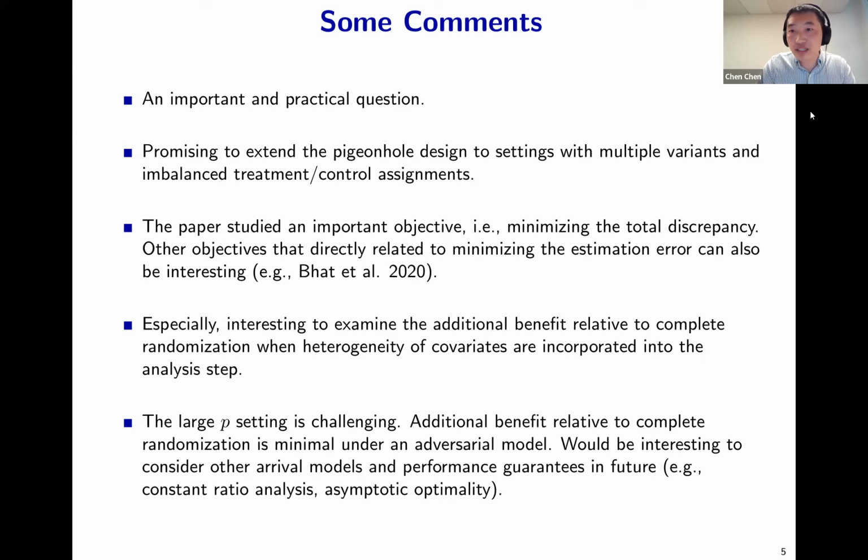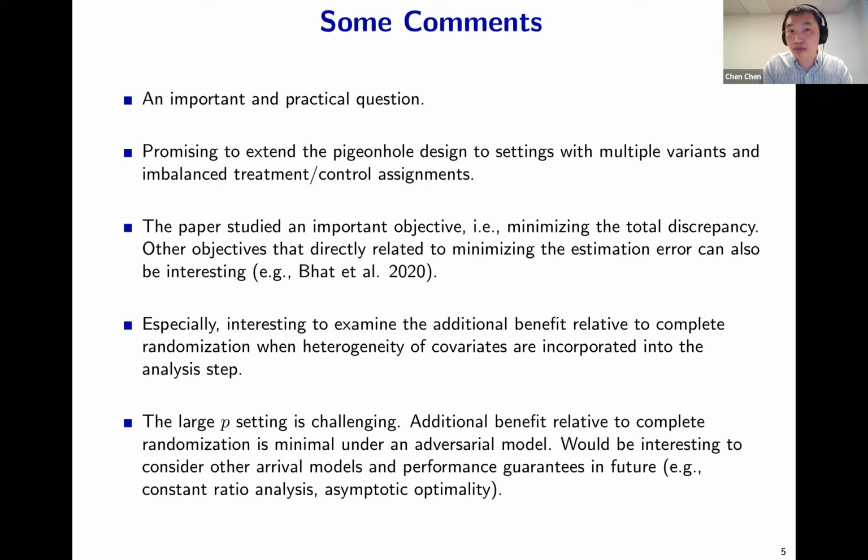And the paper studied a very important objective, which is minimizing the total discrepancy. But on the other hand, there are some other objectives that can be very interesting as well, especially those that are more related to the analysis step.